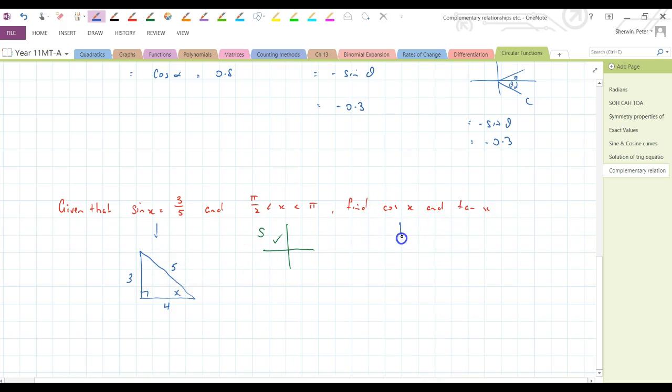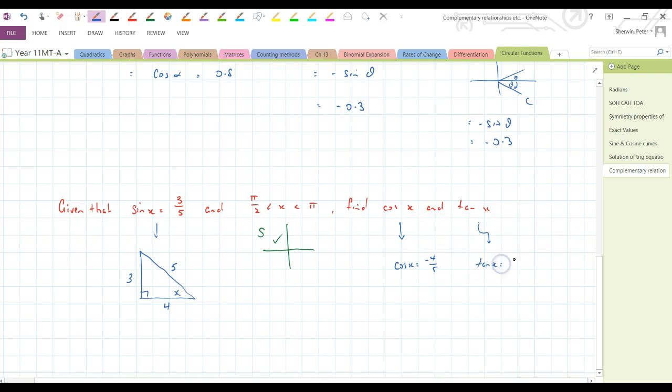So what's cos x? Cos x is equal to 4/5. But we're in this quadrant. We're told, remember, we're in this quadrant here. So cos x will be equal to minus 4/5. Absolutely spot on. Okay, and tan x will be equal to 3/4, but again, it's negative in that quadrant.